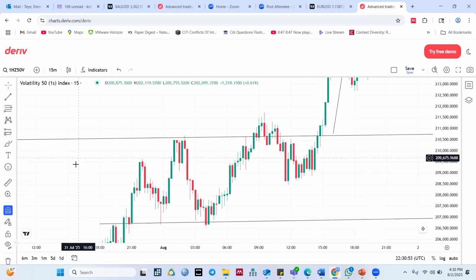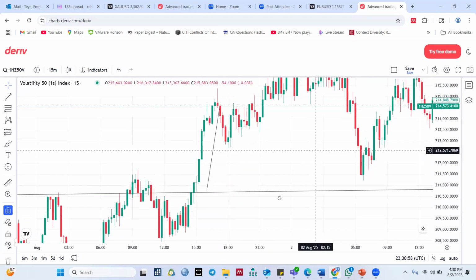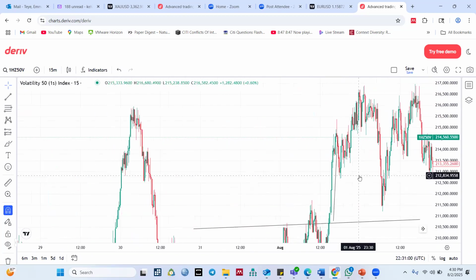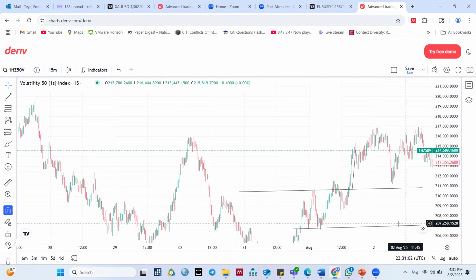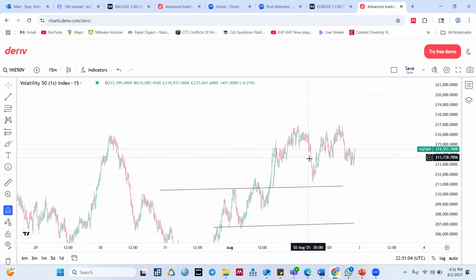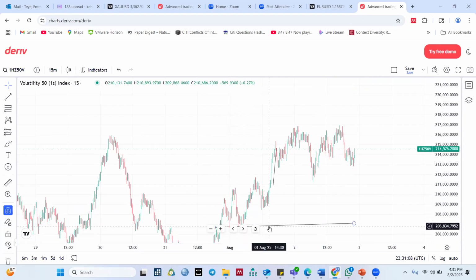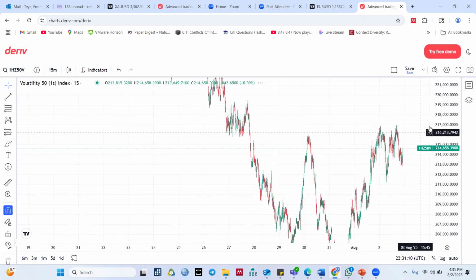So this is what we call accumulation, or it's an example of accumulation. Price is accumulating again around here. So this is an element that you must know, you must learn.